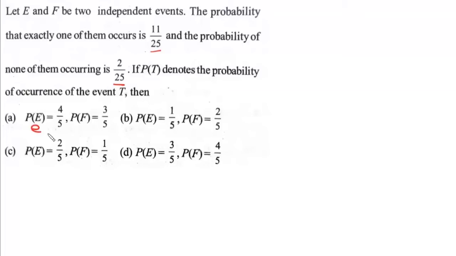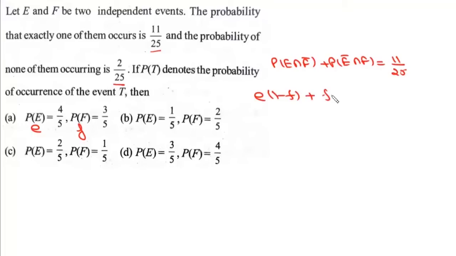Now suppose P(E) is E and P(F) is F. Now the probability that exactly one of them occurs is P(E intersection F complement) plus P(E complement intersection F), and this probability is 11 by 25. Since they are independent, it will be E into (1 minus F) plus F into (1 minus E), and it will be 11 by 25. So we can write this as E plus F minus 2EF will be 11 by 25.